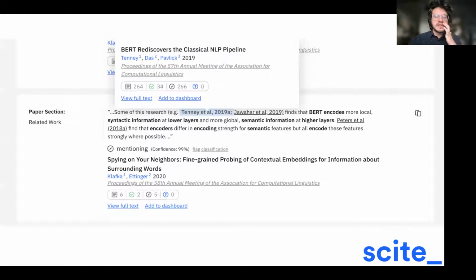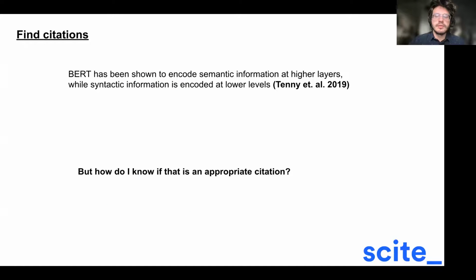You have the ability to find out whether or not there are supporting citations for that. Just to zoom in here, we have a publication, Spying on Your Neighbors, that is citing Tenney 2019 to support basically the exact same claim. That allows us to put the citation here in our manuscript while we're writing.